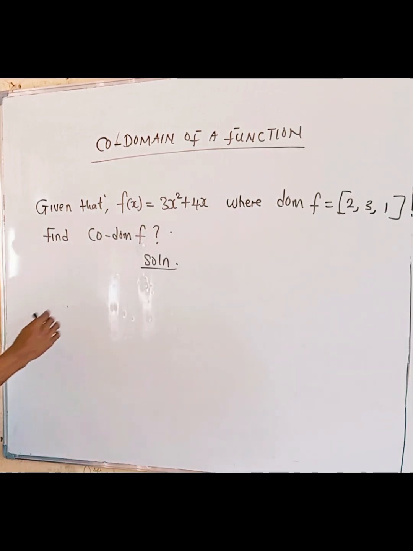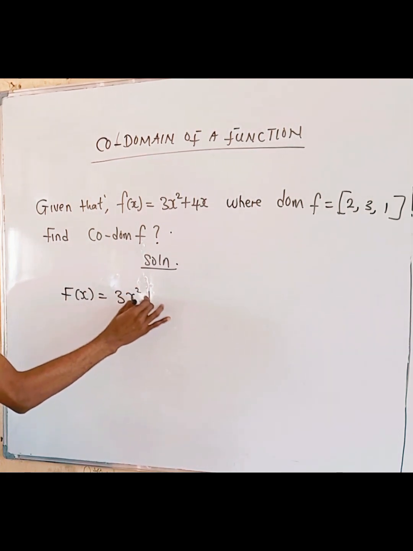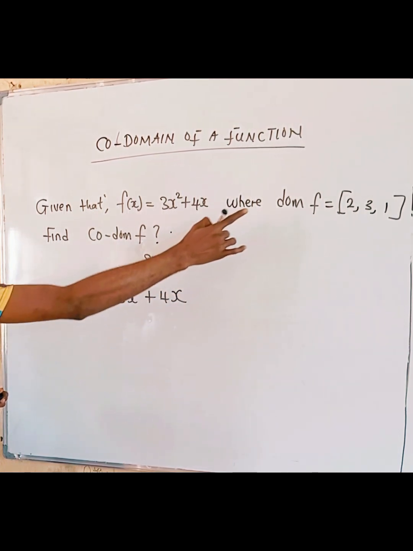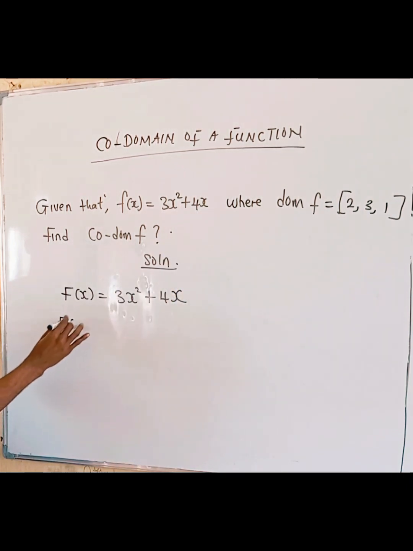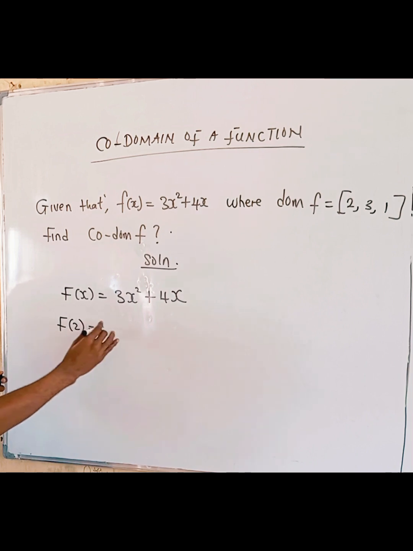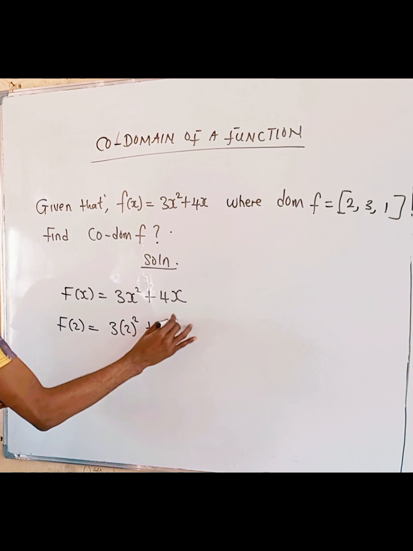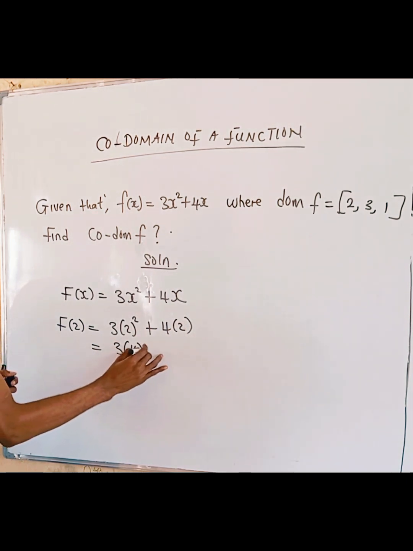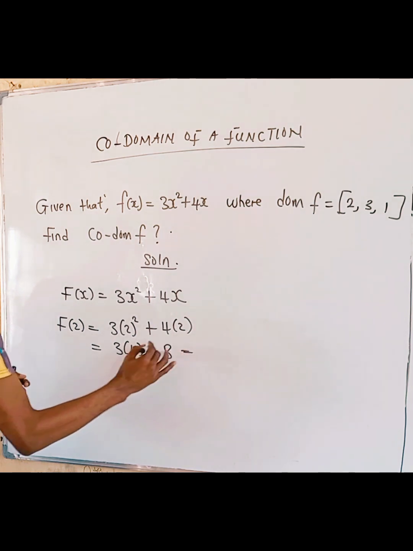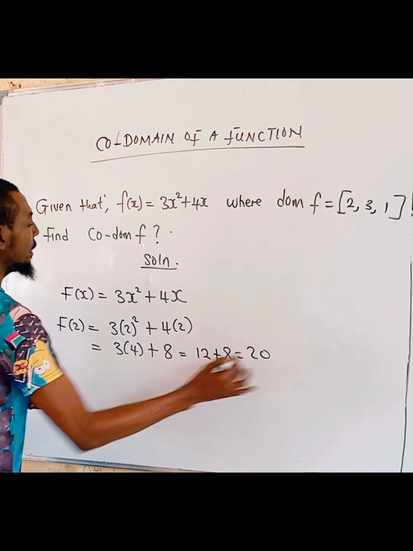So we have the function f of x equal to 3x squared plus 4x. And the first input is 2. Meaning we have f of 2, that's the value of the function when x is 2. We have 3 times 2 squared plus 4 times 2. And of course, we have 3 times 4 plus 8. 3 times 4 is 12, and 12 plus 8 is 20.